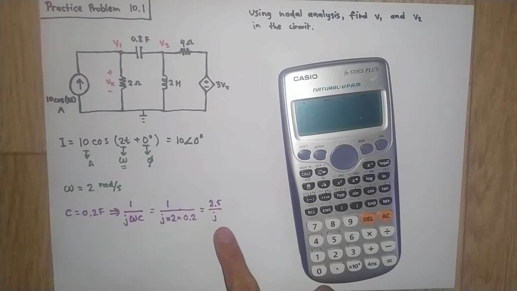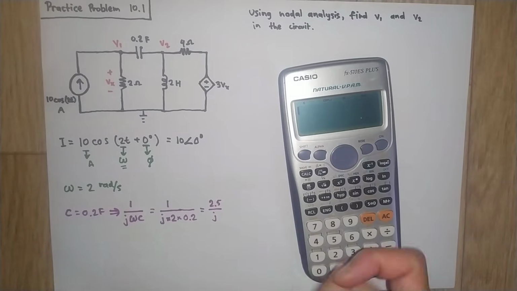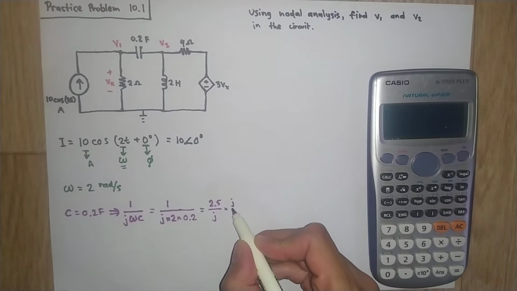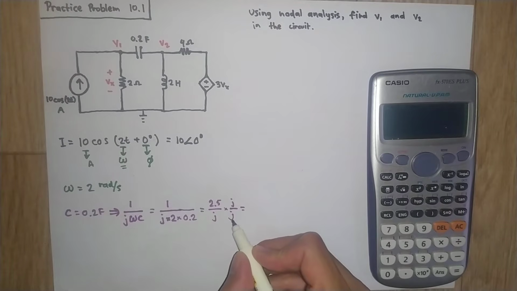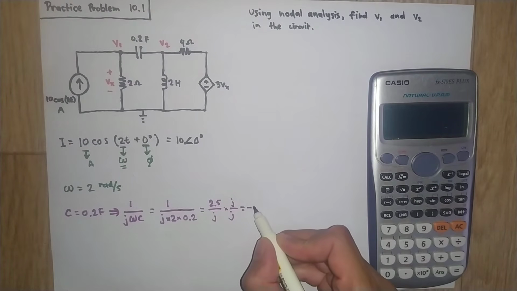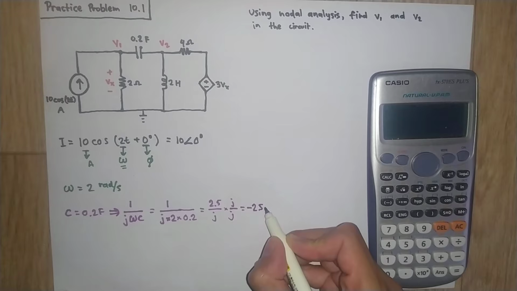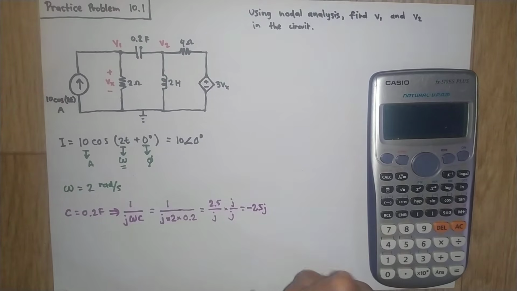But we don't want j in the denominator, so I can multiply this by j over j. j multiplied by j is minus 1, so I will have minus 2.5j here.